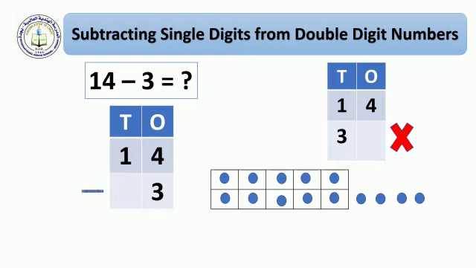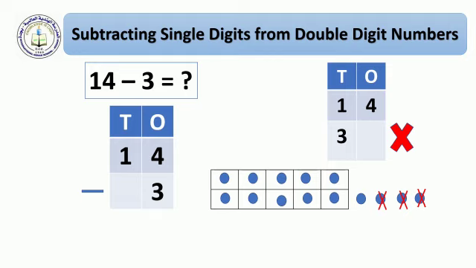It is important to keep the sign of subtraction when we subtract. First, we will subtract the ones place and then the tens place. In the ones place we have 4 and 3. So 4 minus 3. Take away 3 from 4. What do we get? Yes, we get 1 one.